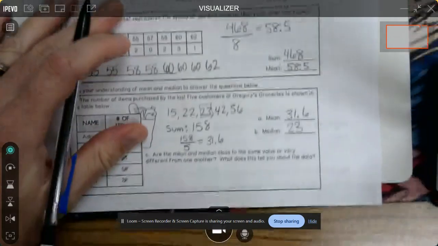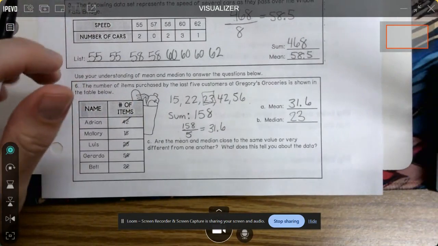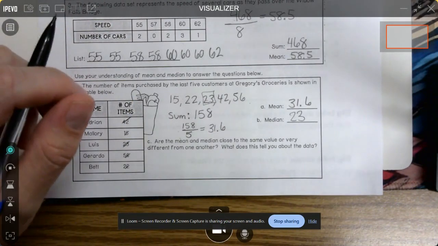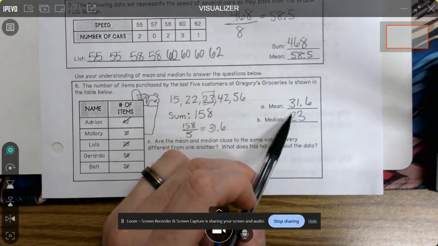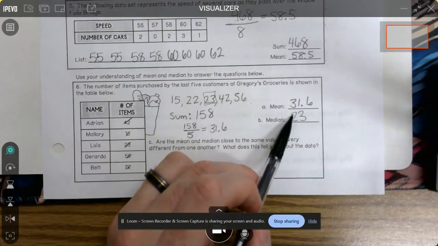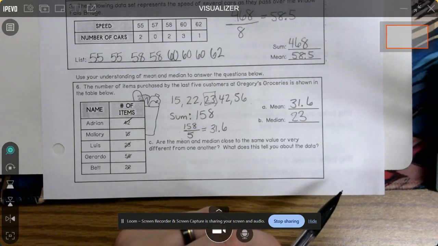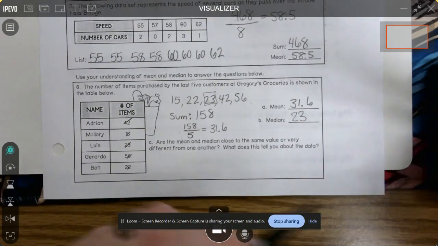All right, C, are the mean and median close to the same value or very different from one another? What does this tell you about the data? So 31.6 and 23 are not very close. So that means that there's quite a bit of spread. So the data varies greatly.